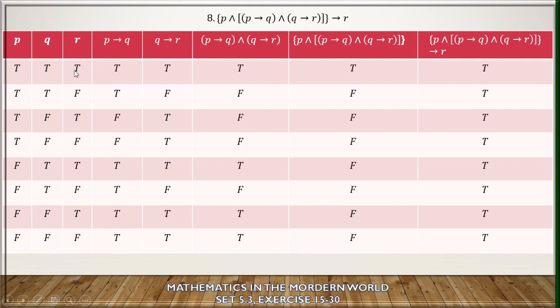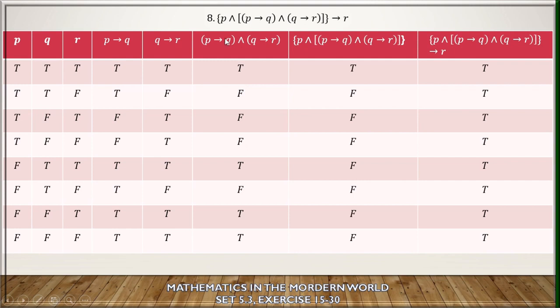True, true is true. True, false is false. False, true is true. False, false is true. True, true is true. True, false is false. False, true is true and false, false is still true.